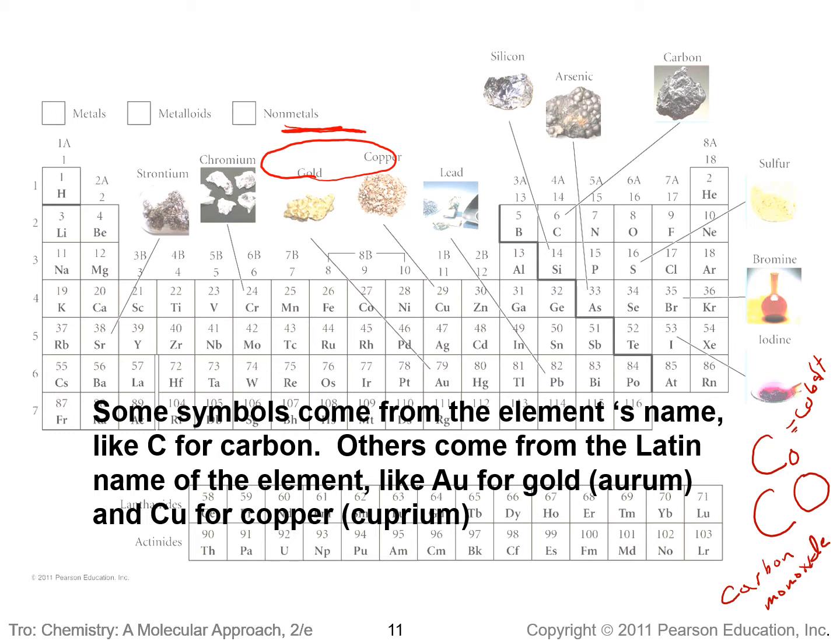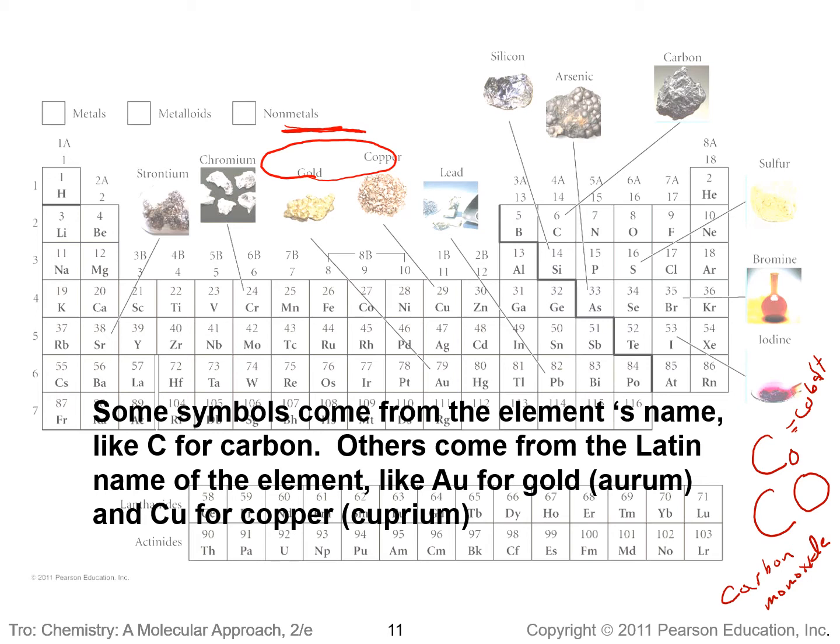Some of the element names make sense, like C is for carbon, S is for sulfur, H is for hydrogen. Others come from the Latin name because they were found a very long time ago, so they were named in Latin, like Au is gold, Cu is copper.